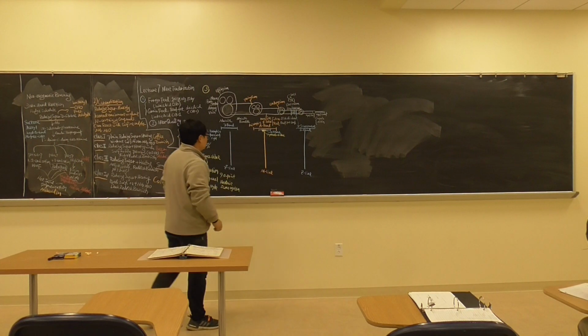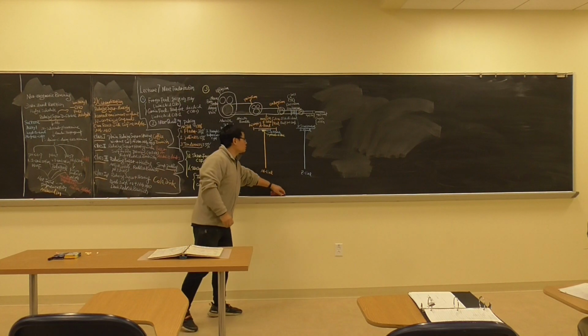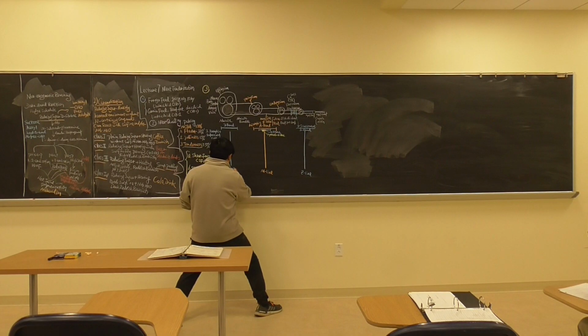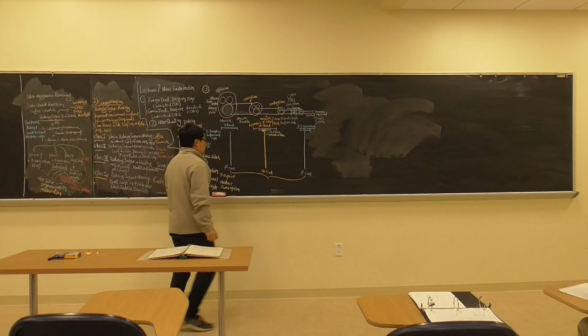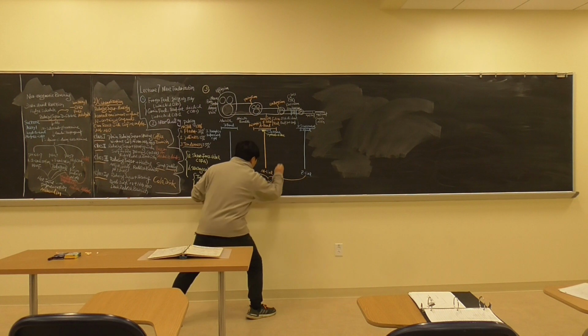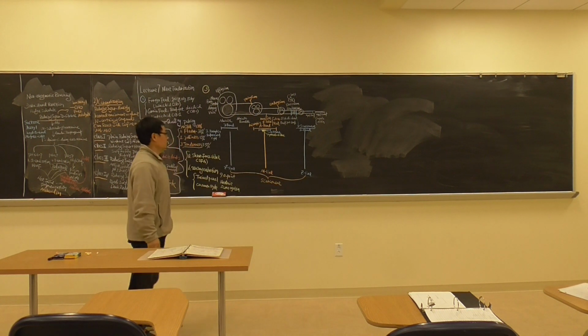Okay? Now, what is the so-called sarcomere? Sarcomere is the distance between the two Z lines. This is what we call the sarcomere. It's a single unit of muscle structure.